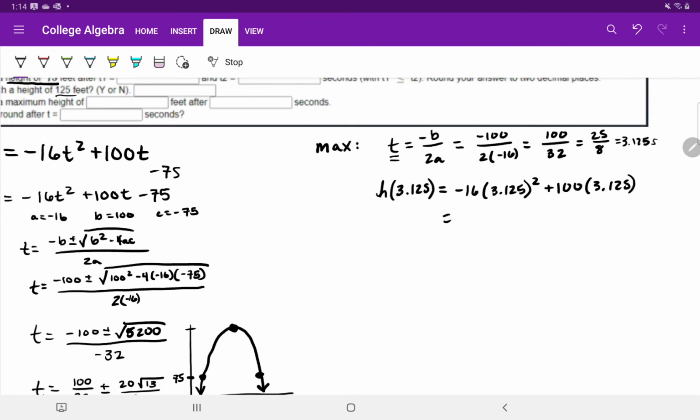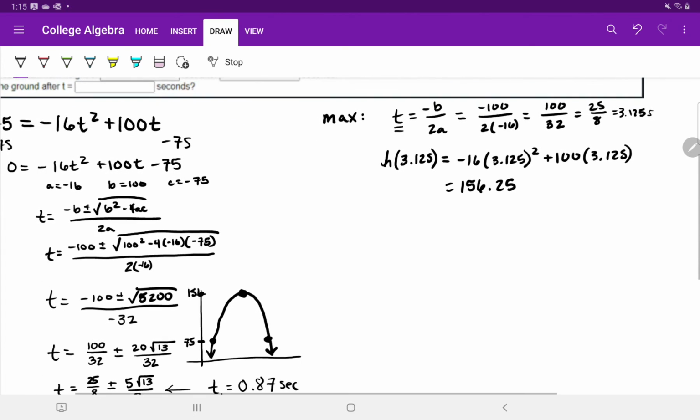Pull out a calculator. And you end up with 156.25. So the maximum height our ball is going to reach is 156-ish, 156.25. And that happens at the time of 3.125 seconds.